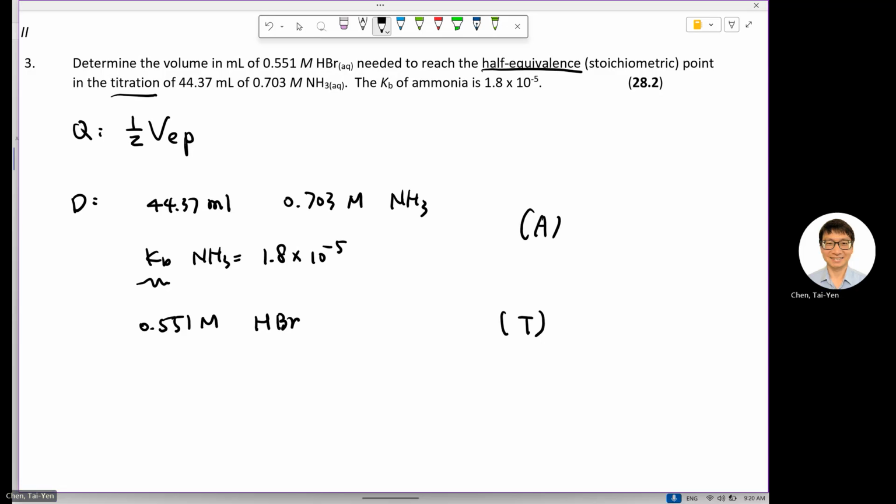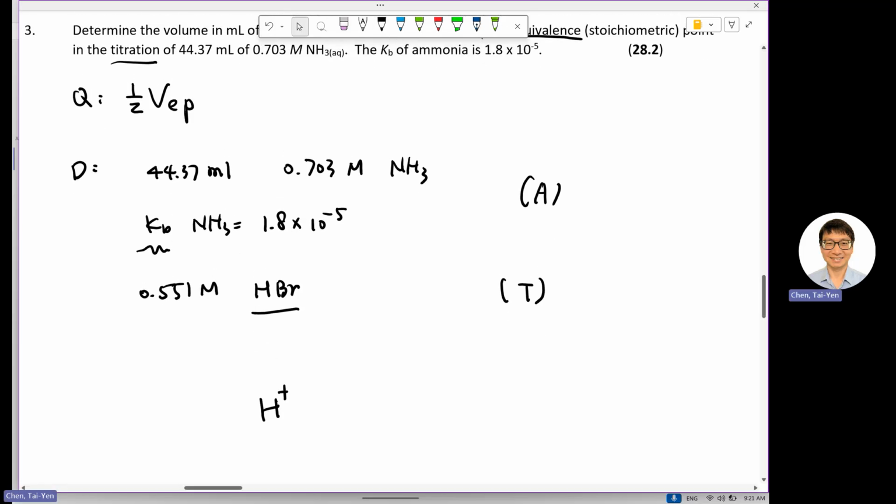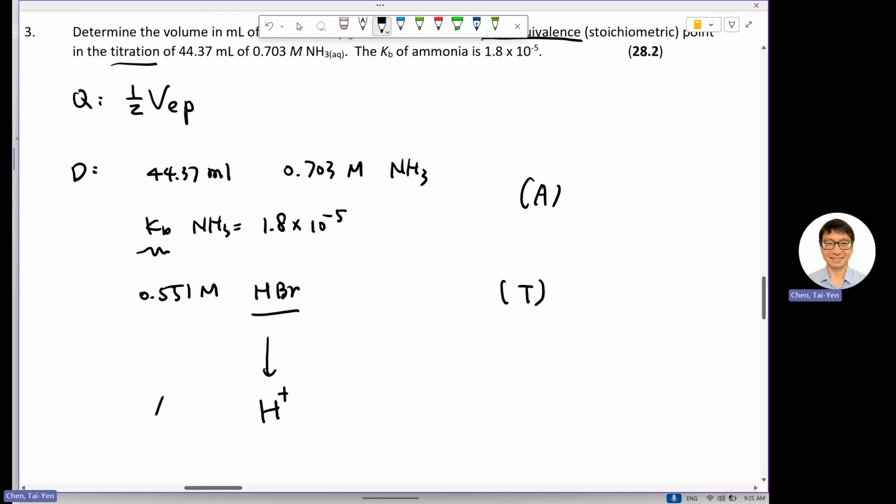Your titrant is a strong acid, one of the seven strong acids, therefore it's H plus. The other one is a weak base. Therefore, we write this equation that helps you to think.